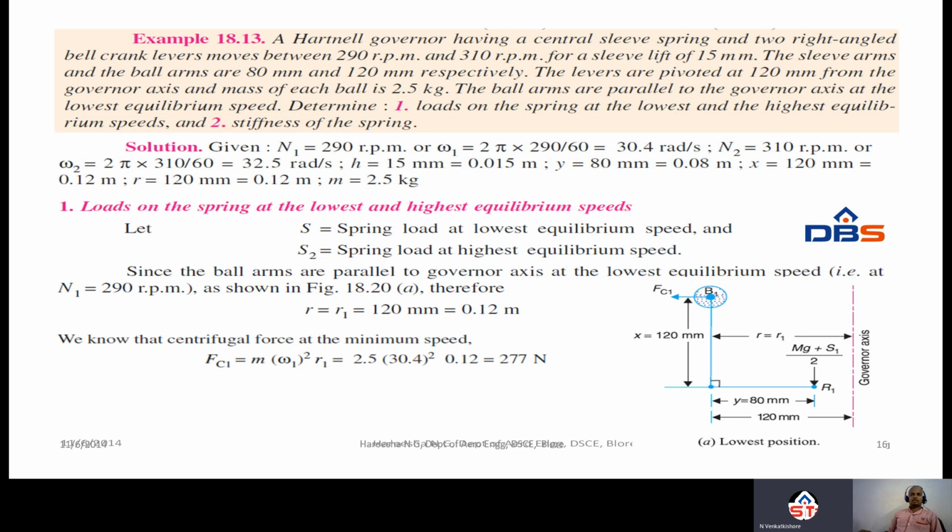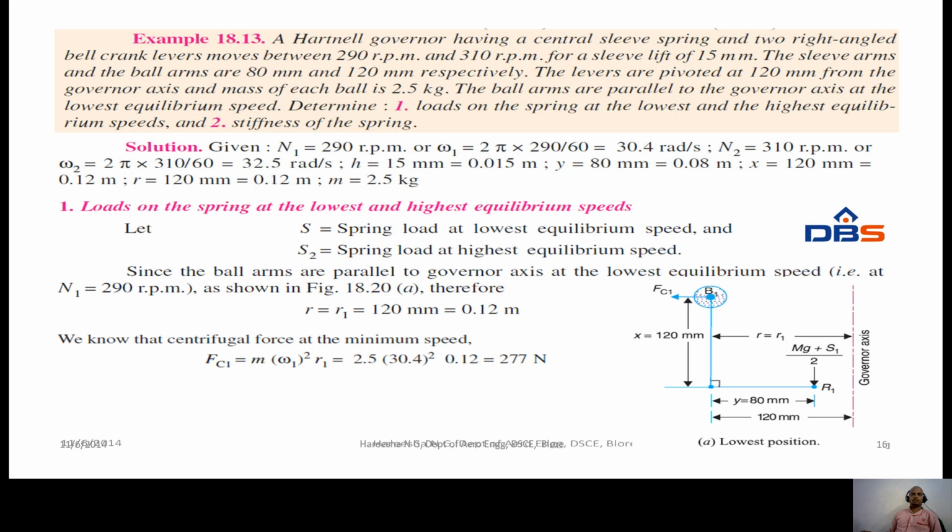So omega 1 is 2 pi into 290 by 60, finally 30.4 radians per second, and based on N2, omega 2 is equal to 32.5 radians per second. h is 0.015 meter, y is equal to 80 mm, x is equal to 0.12 meter, r is equal to 0.12 meter, and finally m is equal to 2.5 kg.